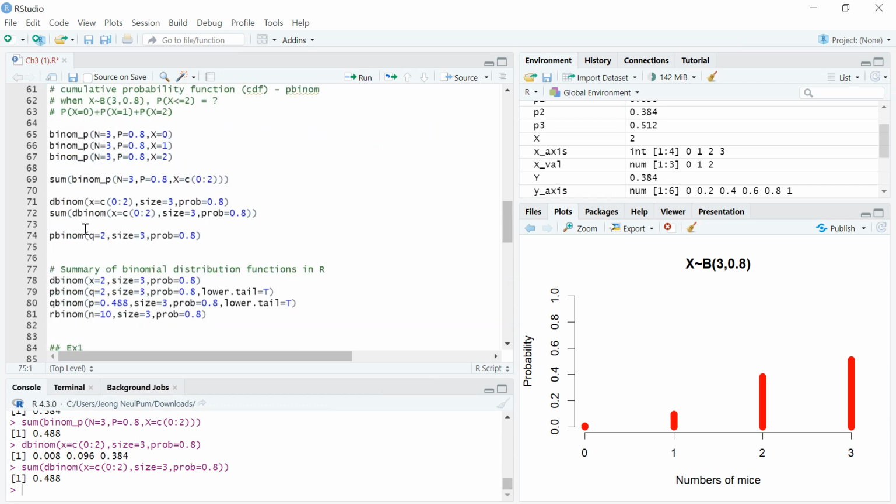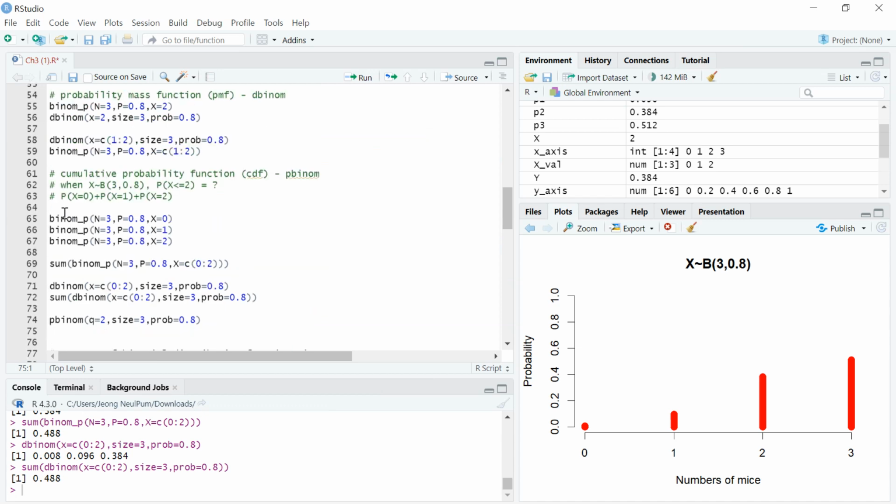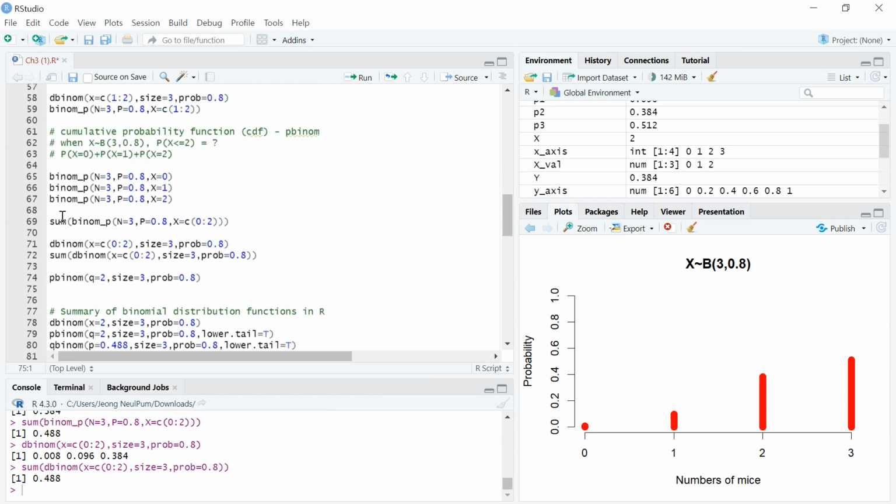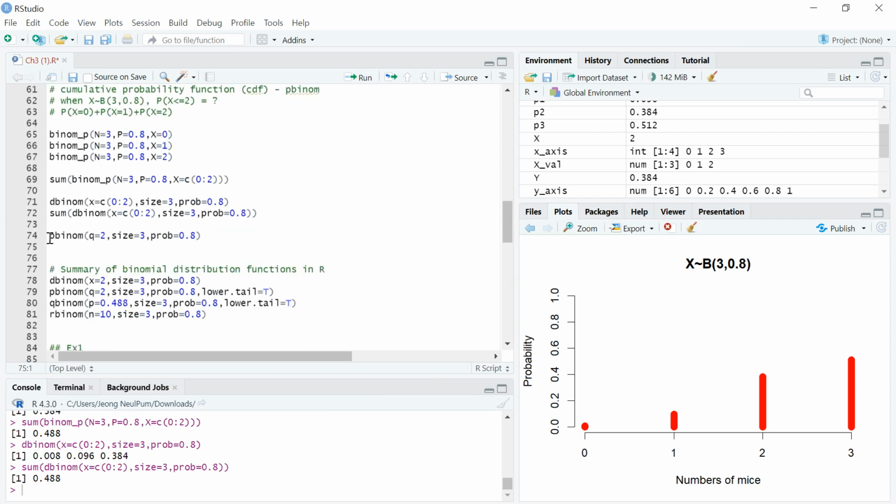However, sometimes we can also feel it is burdensome to get all the probabilities and sum all the values. So in this situation we can use the p-binomial function here, which helps us to get and sum all the density of what we said.